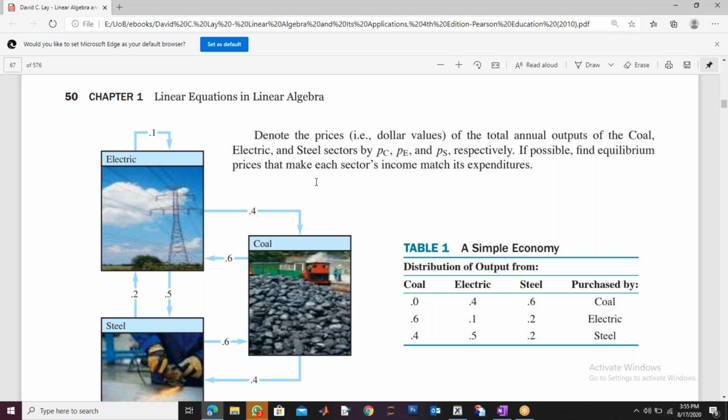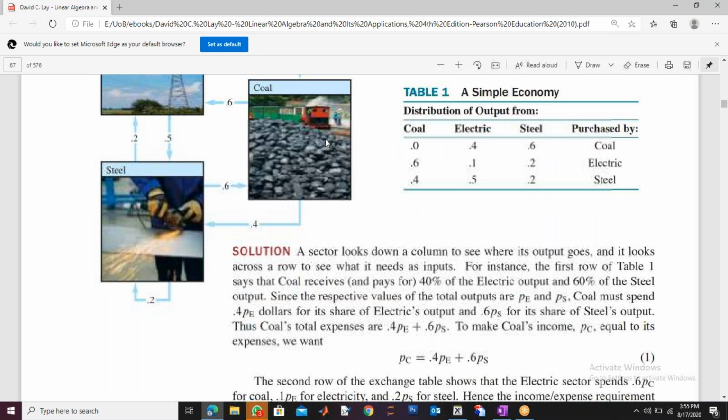But instead of that, we are sticking with the names P for prices, E for electric, C for coal, and S for steel. To do that, your first row means 40% from PE, right?